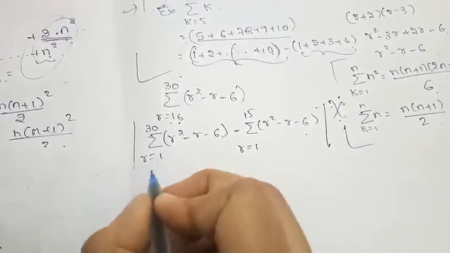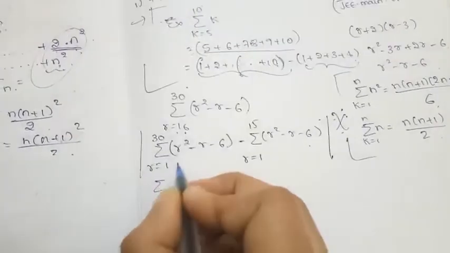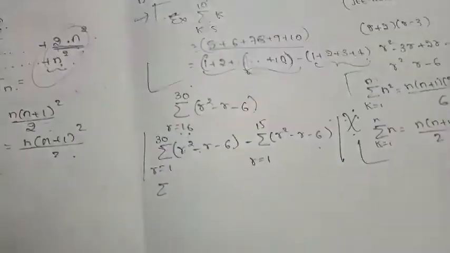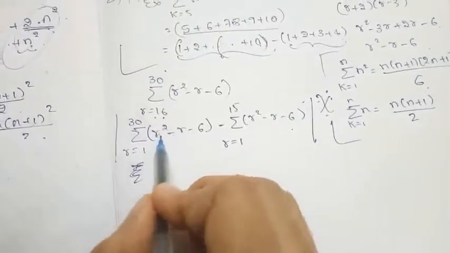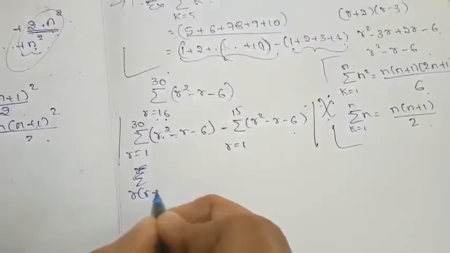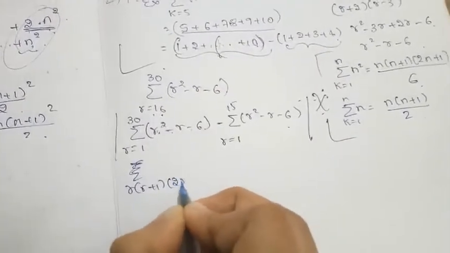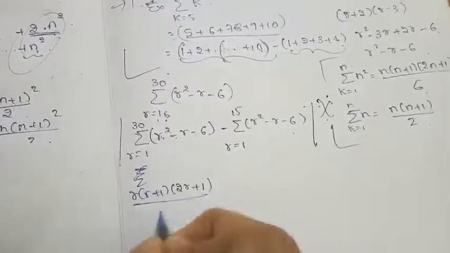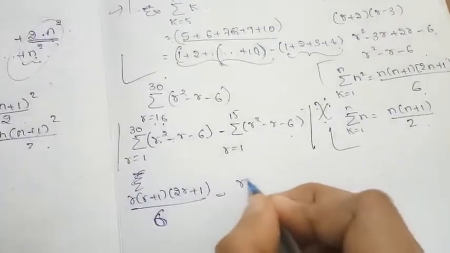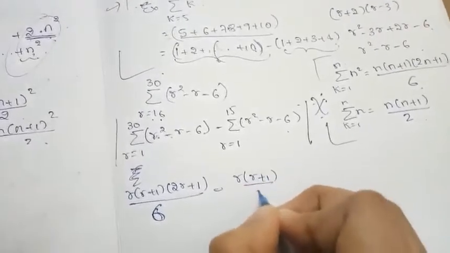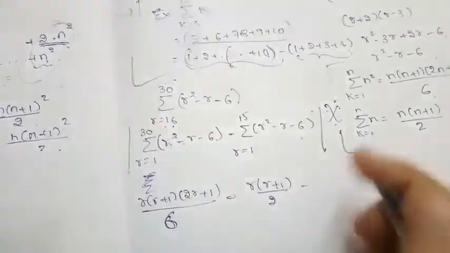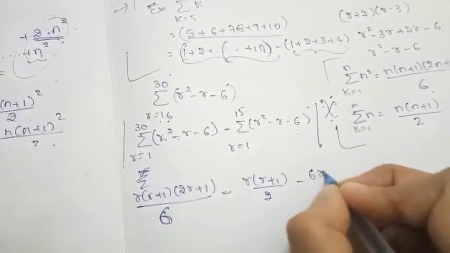Now this becomes summation of r square minus r minus 6. The sum of r square is r into r plus 1 into 2r plus 1 divided by 6, minus the sum of r, which is r into r plus 1 divided by 2, minus 6r, since we are summing the constant 6 up to r times.